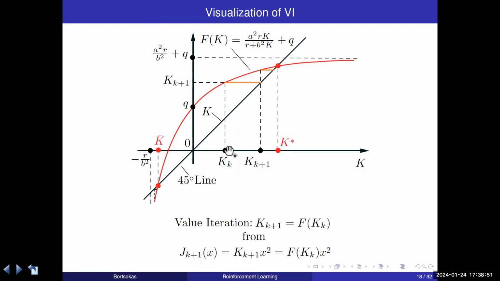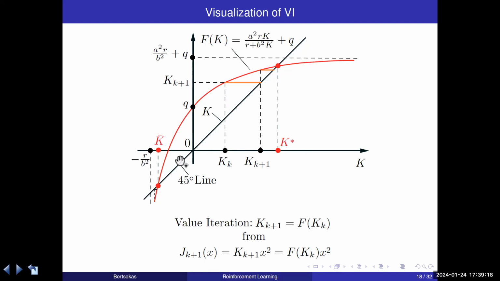Okay, so value iteration iterates on cost coefficients from K_k to K_{k+1}, K_{k+2}, and so on, according to this equation, which uses the Riccati operator to map K_k into K_{k+1}. And this comes from value iteration with cost functions, except that the x squared factor has been factored out from both sides.